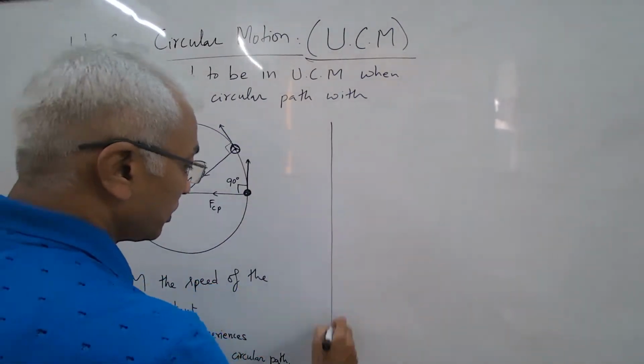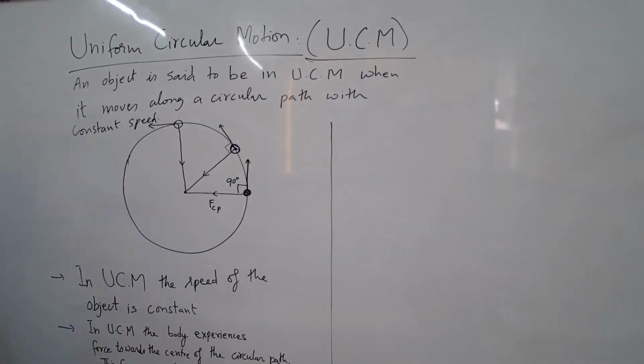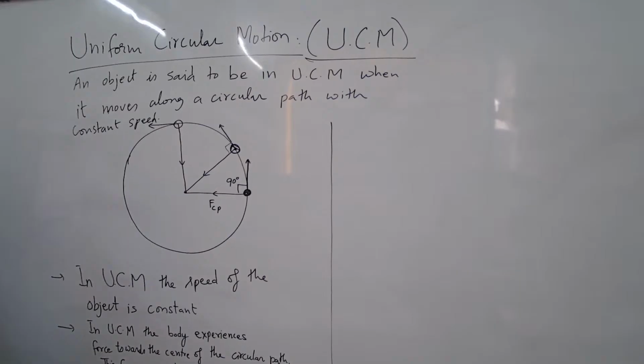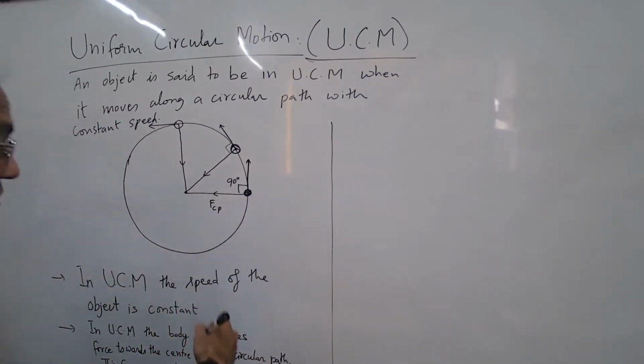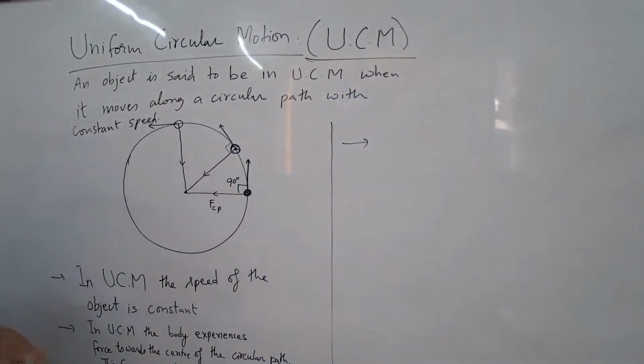Now another property. Actually another point should have come before this. Now the speed is constant. What about the velocity? Is the velocity of the object in UCM constant?